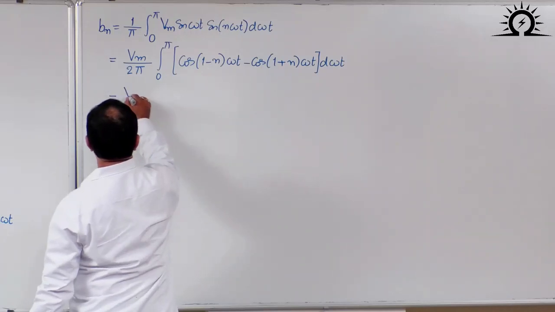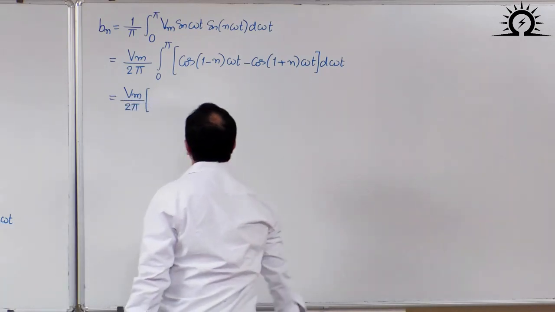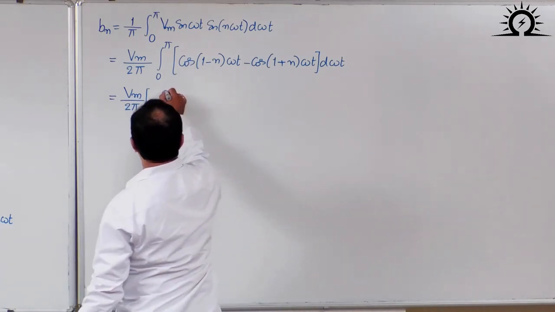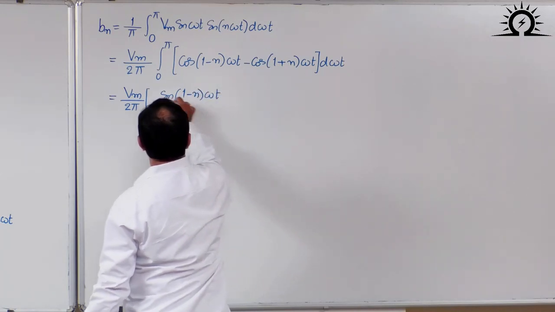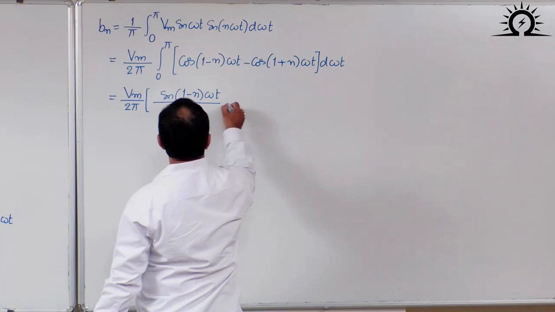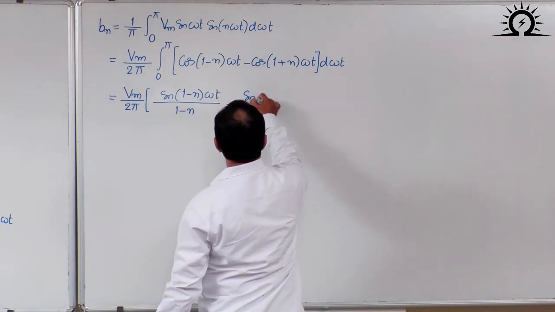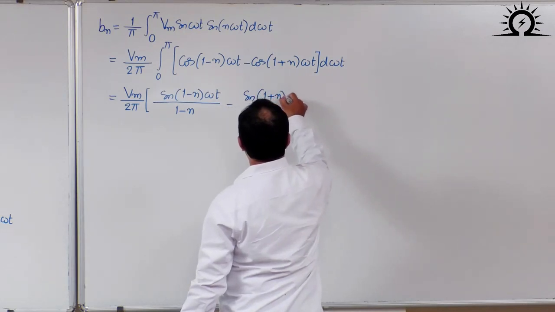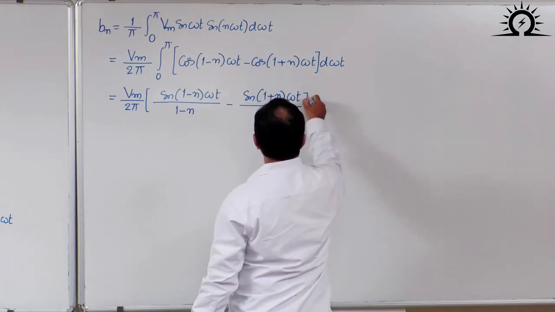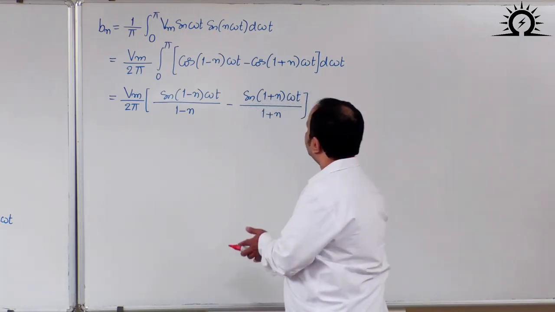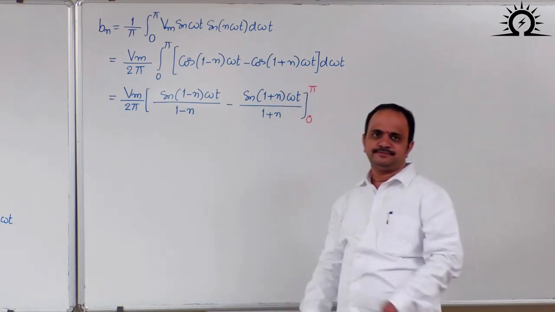Now Vm divided by 2 pi, what is the integration for cos? Sin of 1 minus n into omega t divided by 1 minus n, minus sin of 1 plus n into omega t divided by 1 plus n, with limits from 0 to pi.